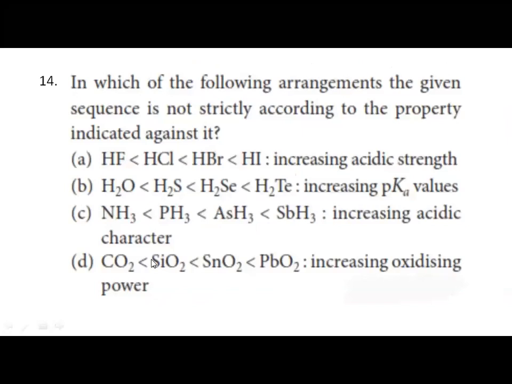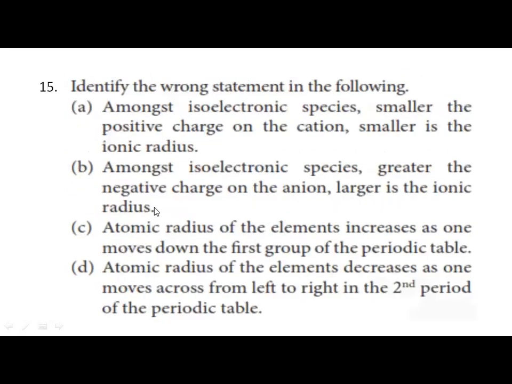In case of oxides, metallic oxides are reducing, non-metallic oxides are oxidizing. As you move down the group, metallic nature increases, therefore oxidizing nature decreases. So this is more oxidizing, this is less. As you move down the group, reducing nature comes. So that is the correct order. Only B is not the correct order.